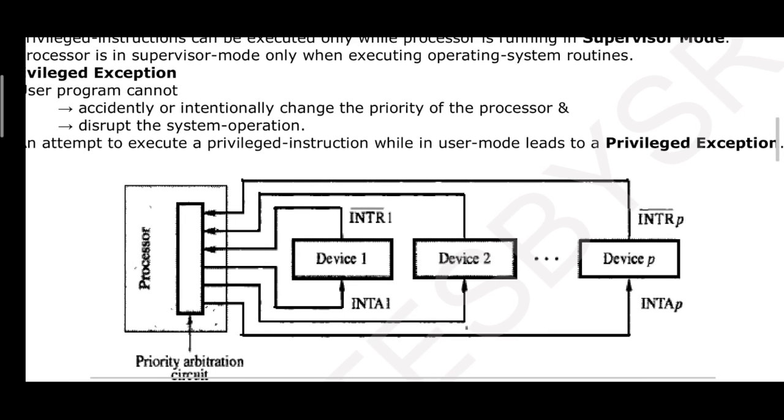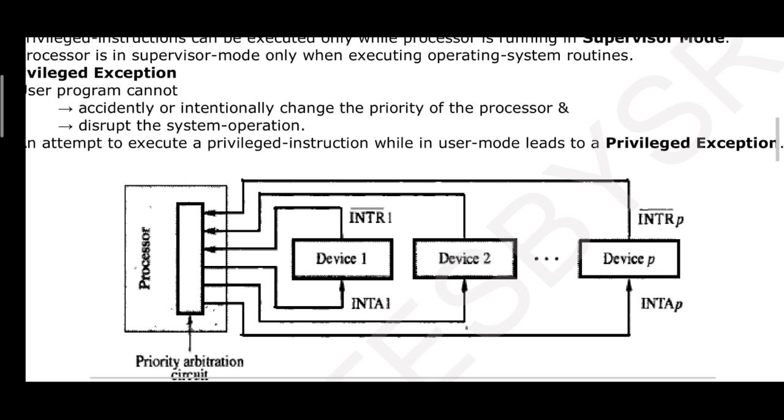Here is the diagram, and you will come to know what exactly it is. Earlier the diagram contained a single INTR line and a single INTA line. But now we have INTR1, INTR2, and so on up to INTR-P, and similarly for acknowledgement. The priority arbitration circuit of the processor sets the priority value for the devices.